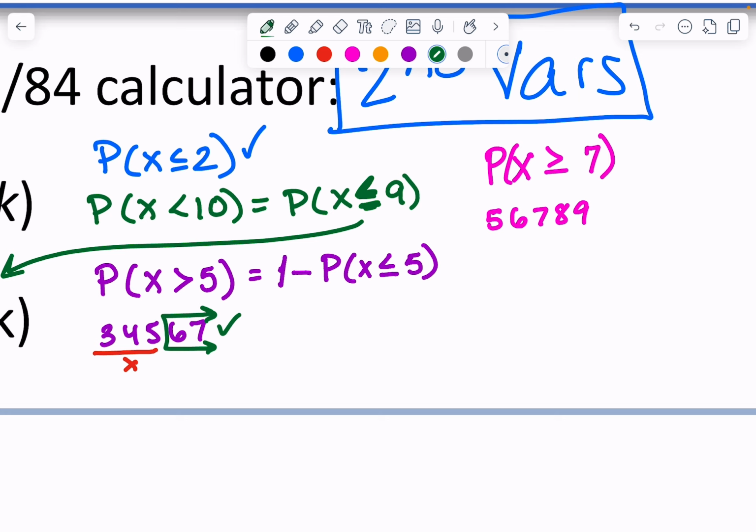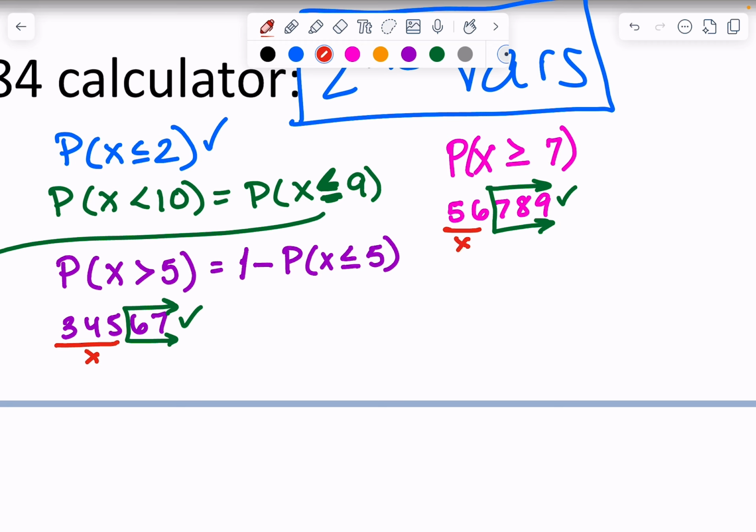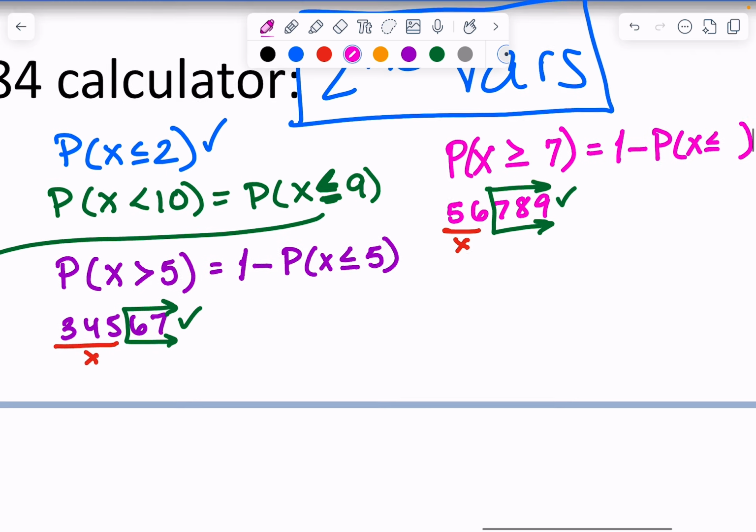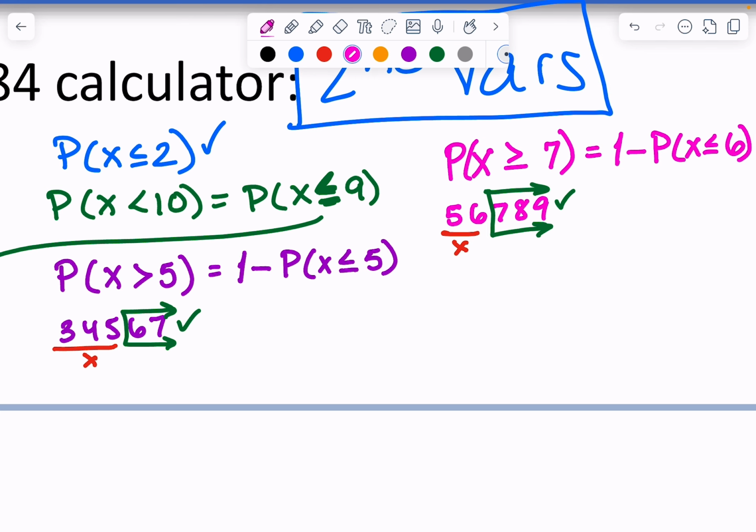So I need greater than or equal to 7. I need all these numbers. I don't want these numbers. So because I need to somehow flip this to make it less than or equal to, I'm going to do 1 minus, and then the last number I don't need, I don't want up to 6, that's the number I'm going to be putting in here.